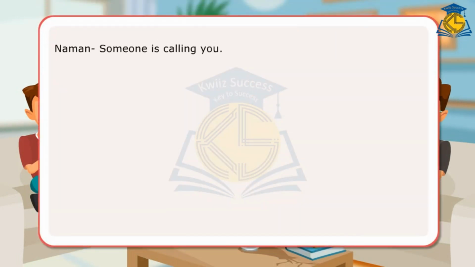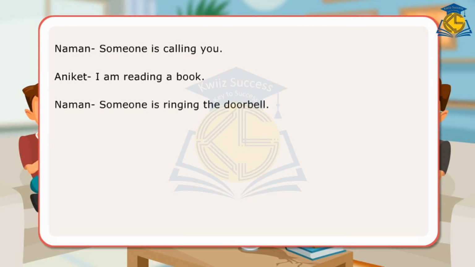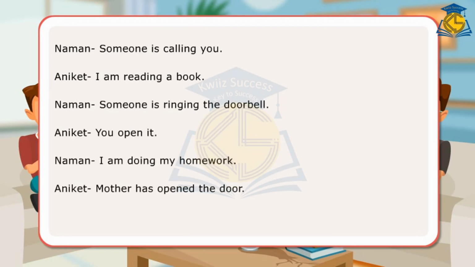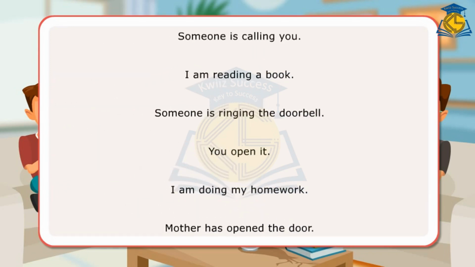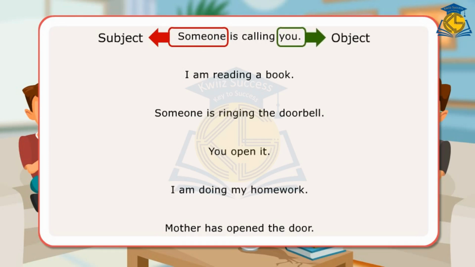In the dialogues, the boys have used sentences that have a doer of the action, and also a receiver of the action. These are examples of subject and object in the conversation. Someone, subject. You, object. I, subject.